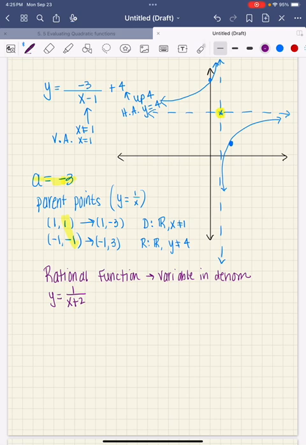That's a problem. The domain, without graphing it, is going to be all real numbers, x can't be negative 2. Negative 2 plus 2 is 0. Yuck.